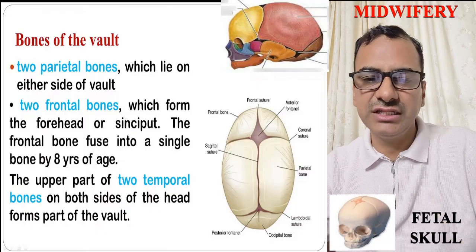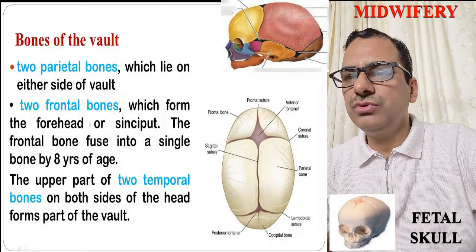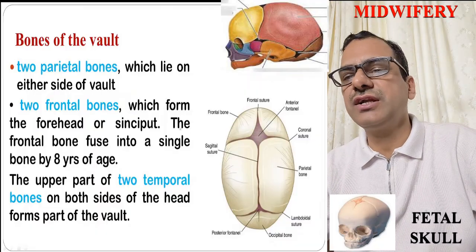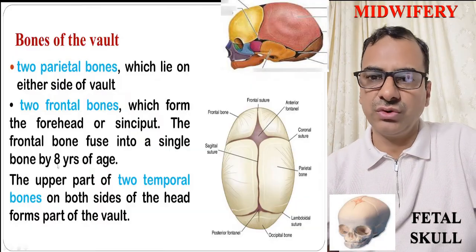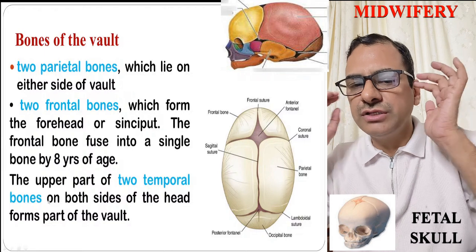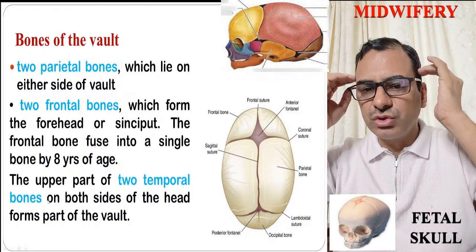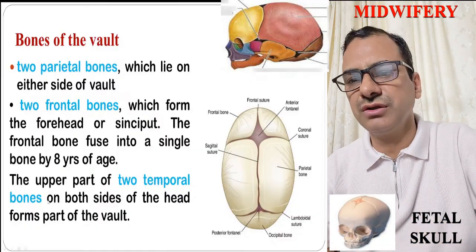So in fetal skull there are two frontal bones which form the forehead, also known as sinciput. The frontal bones fuse into a single bone by 8 years of age. The upper portion of the two temporal bones also takes part in formation of vault.